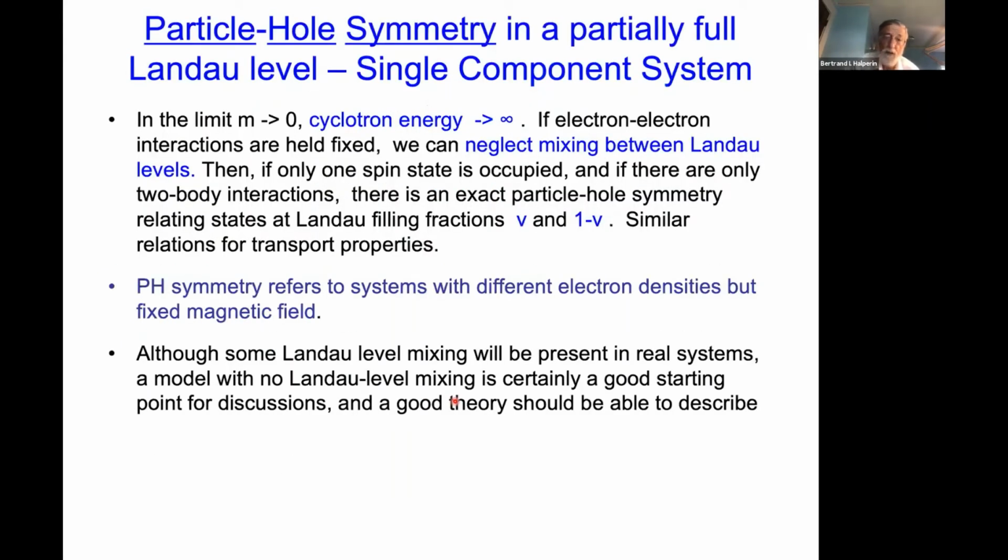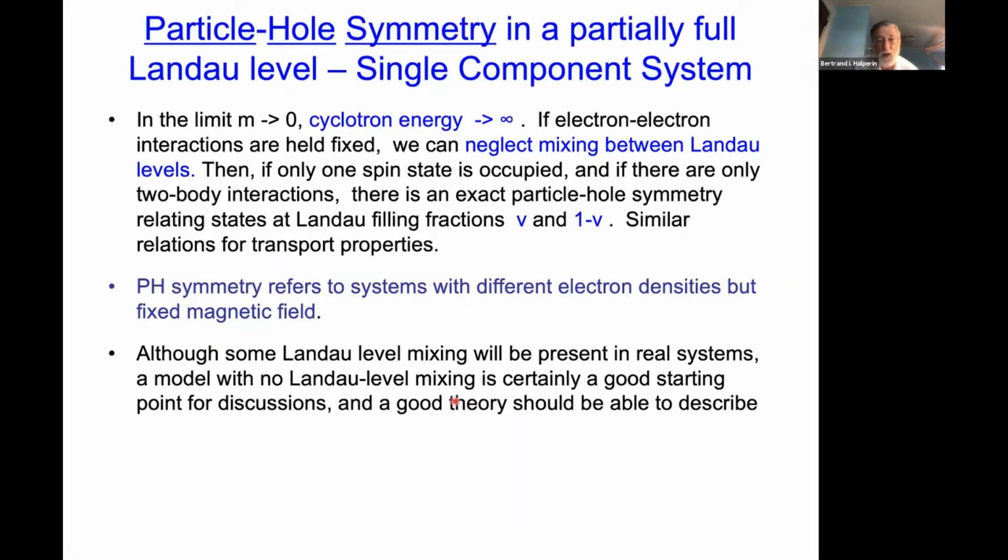Okay, let me begin also by saying something about particle-hole symmetry in a partially full Landau level, which I didn't talk about in the single component system, but let me begin with that to remind you. So what we said is that, again, in the limit of the mass going to 0, the cyclotron energy goes to infinity, and if we keep the electron-electron interactions fixed, then we neglect the mixing between Landau levels.